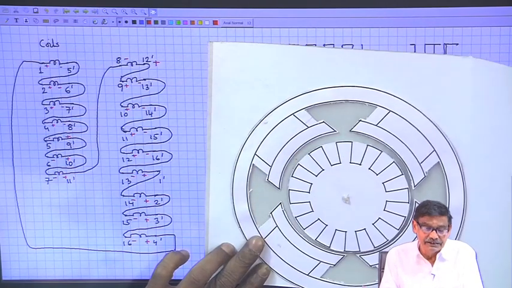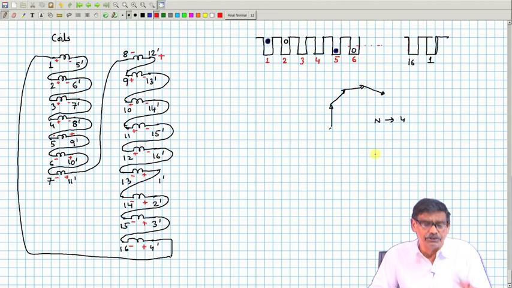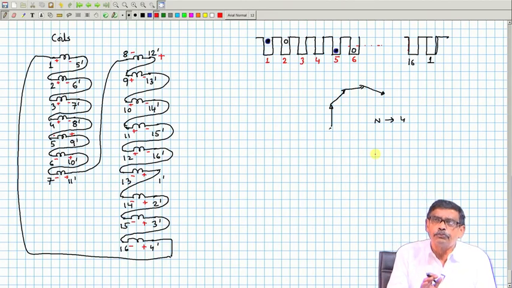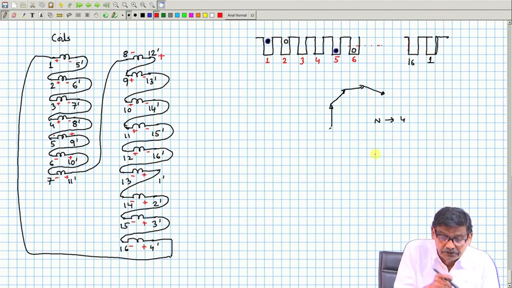Now, the question is, let us assume that 1, 2, 3, 4 are under the influence of the north pole, and the direction of rotation is such that I apply the right hand rule and come to the conclusion that the coil sides 1, 2, 3, 4 are plus.